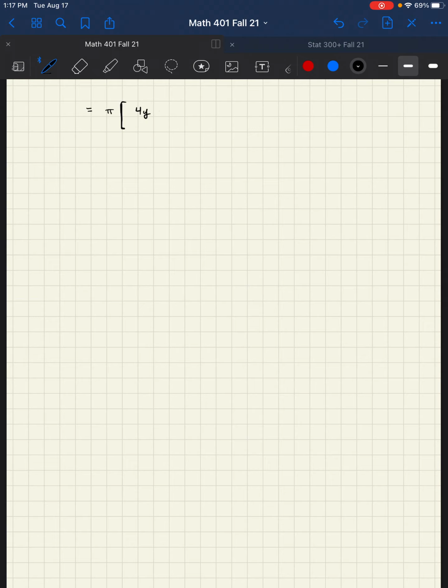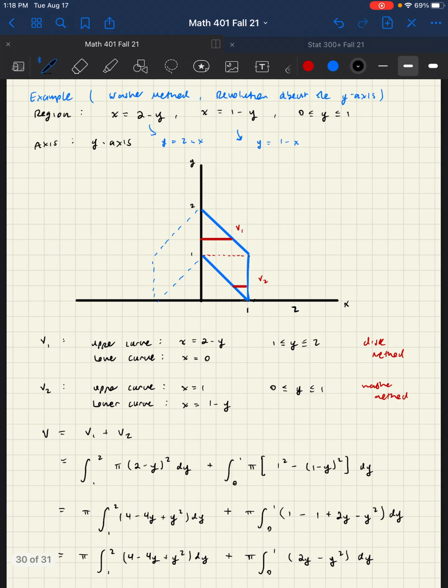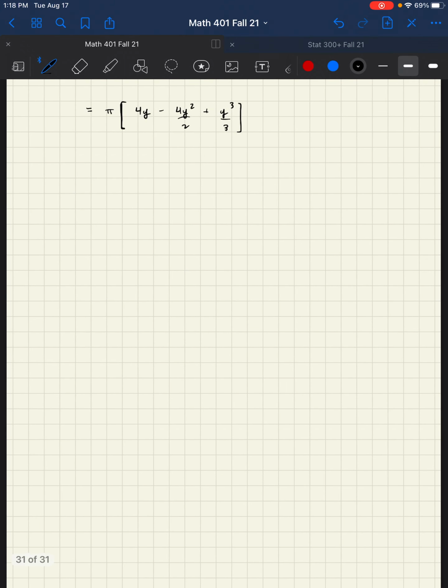We're going to end up with pi times [4y minus 4y squared over 2 plus y cubed over 3]. I'll just make sure that I did that right. I'll go back to my last page. That looks right.